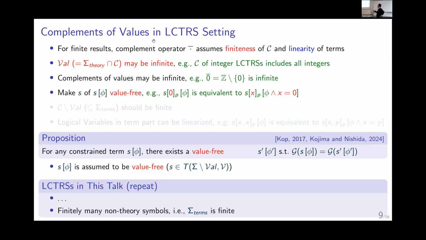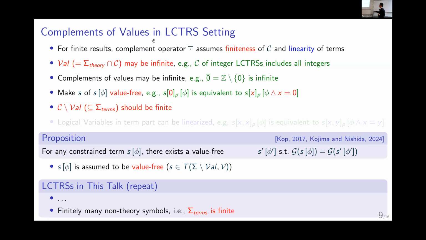Then if the term part contains a value, for example 0, then we replace 0 by a fresh variable x, and we conjunct this equality, so we can move values to the constraint part. Applying these techniques, the term part has no values.